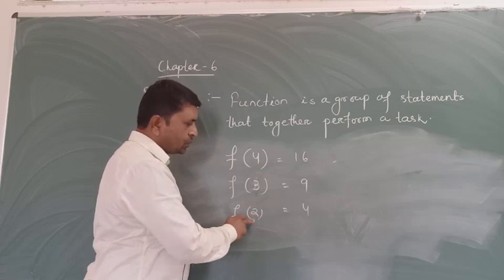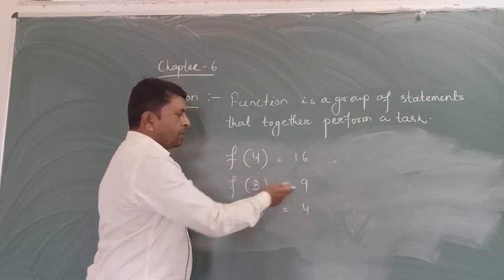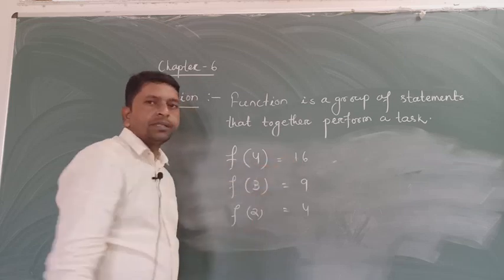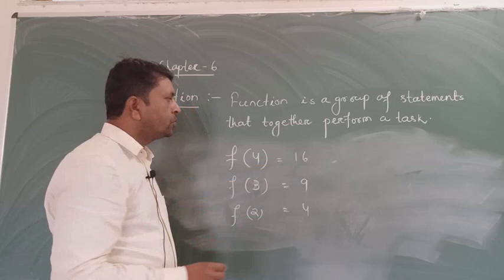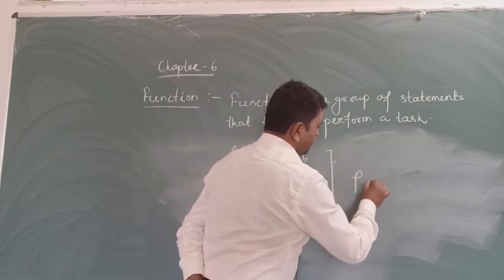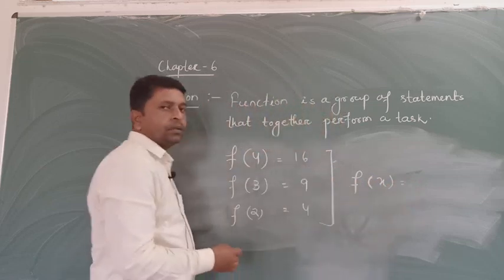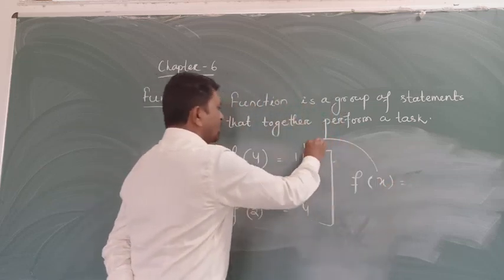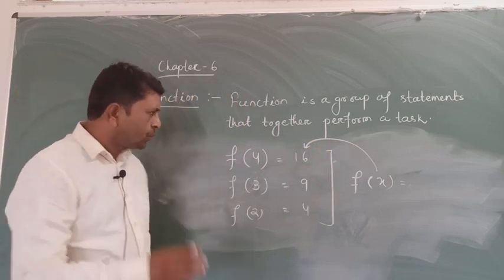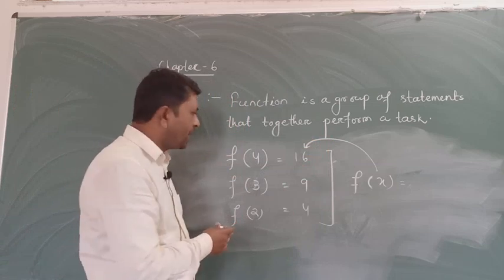When I pass 2, the value is 4. When I pass 3, the value is 9. When I pass 4, the value is 16. So I want to know what the function is. What is the function that works on this calculation? We have to judge what function is applied here.